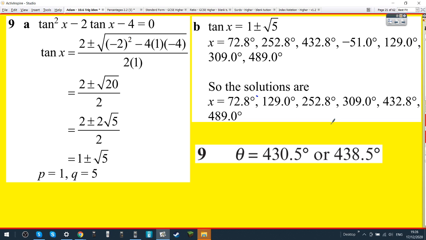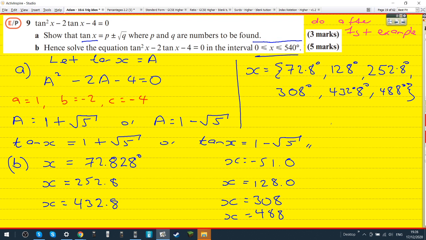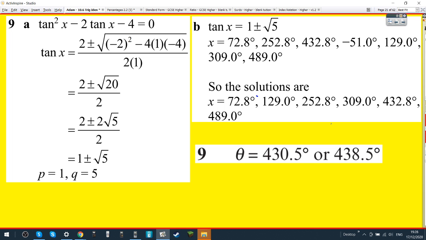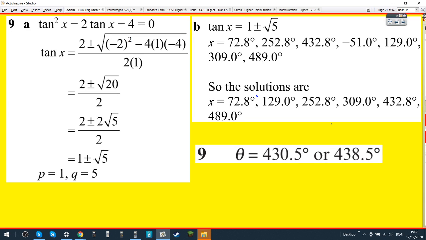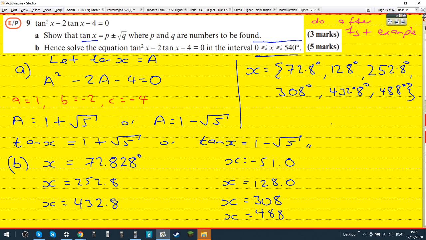Let's see. 72.8, 129. So they rounded to 129.0. 309.0. Did something round wrong on the other one? You said it was 128.0.